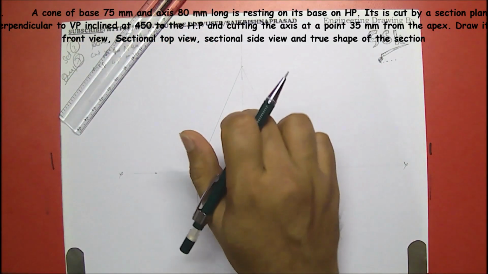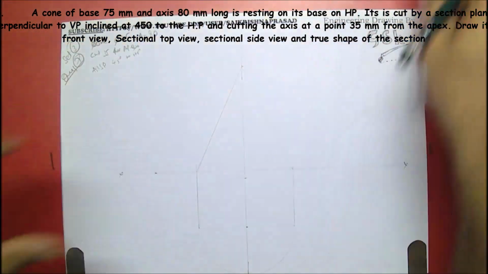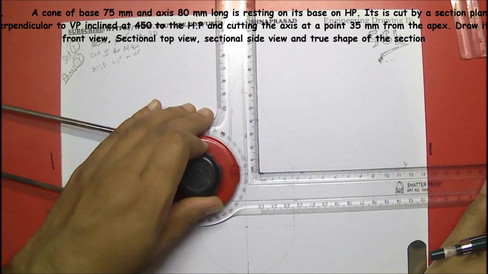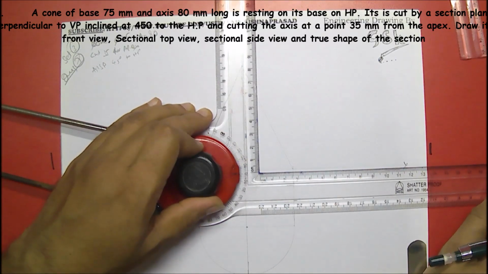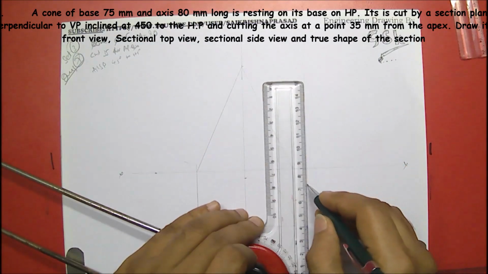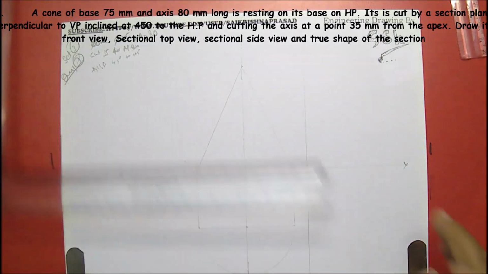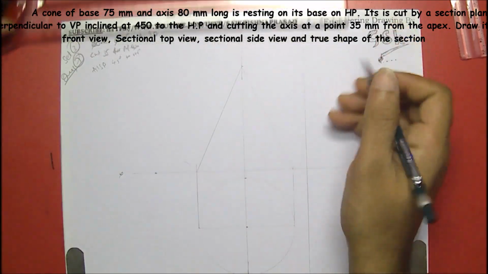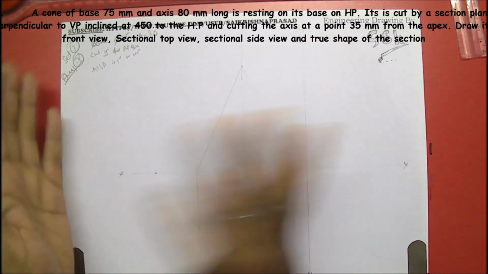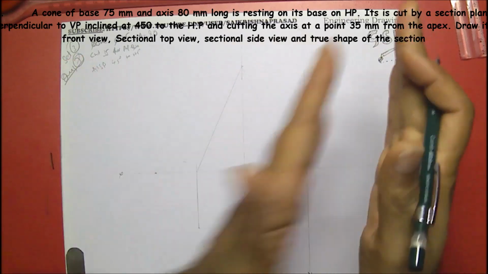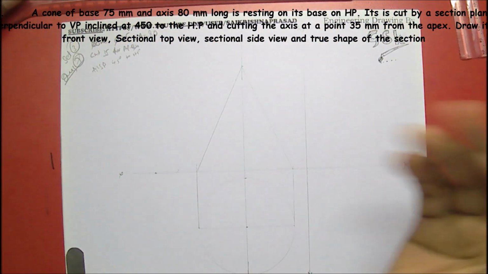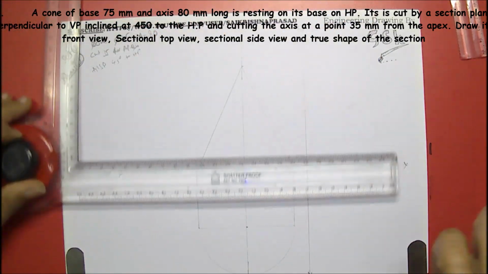This is top view, this is front view, and here I'll be drawing the side view also, because it is asked in the question. We have to draw all three views. If this is XY, this one would be X1, Y1, because you may get two side views, left side view and right side view for the first angle of projection, and reverse for the third angle of projection.